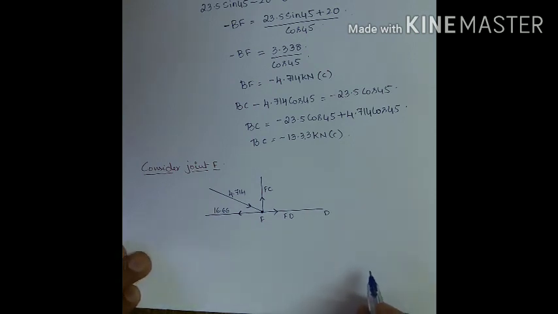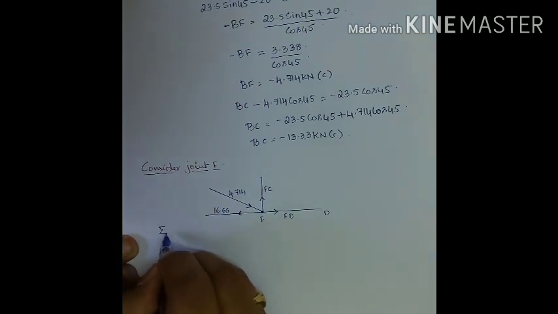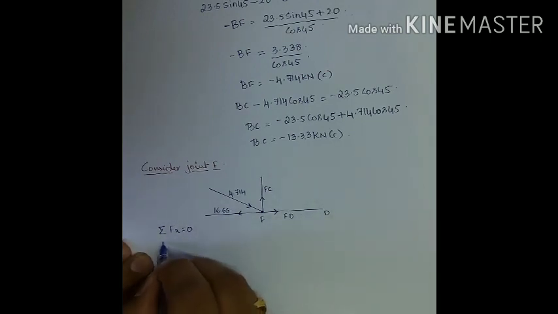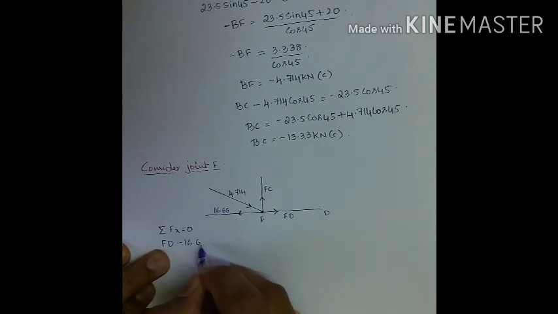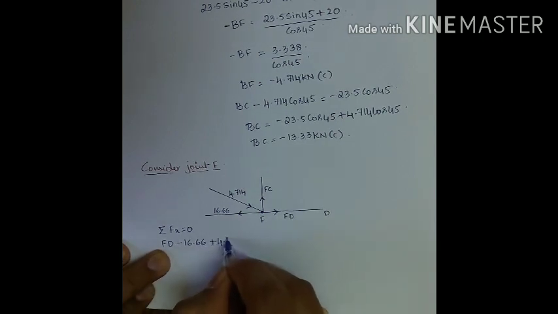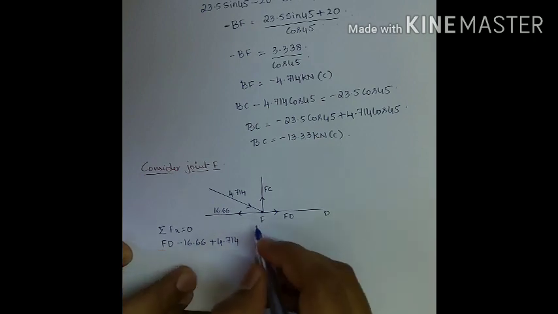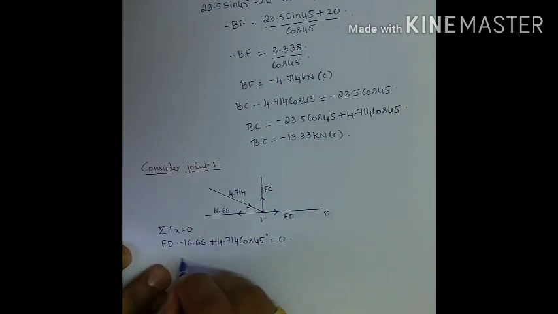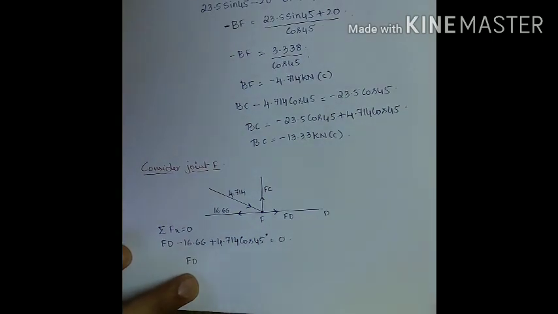Considering the joint F now, the summation of Fx is equal to 0. So considering FD minus 16.66 plus 4.714 cos 45 degree is equal to 0. So FD comes out to be minus 13.32 is equal to 0.